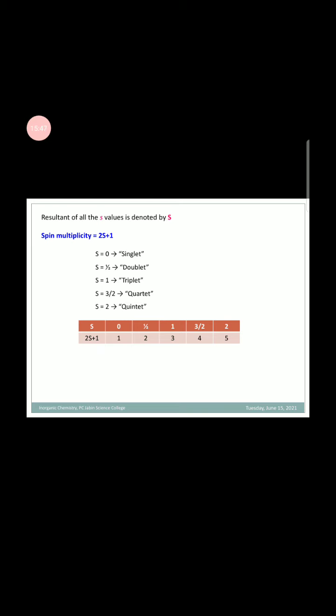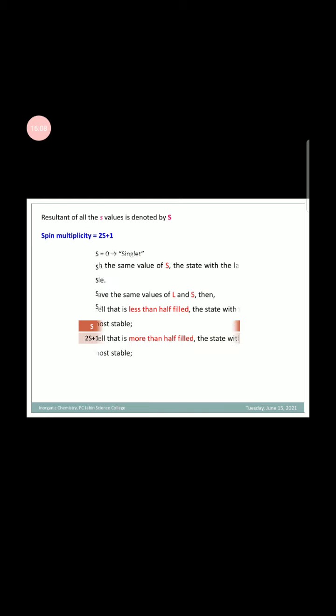S equal to 3 by 2, it is quartet. S equal to 2, it is quintet. For S equal to 0, 2S plus 1 is 1. S equal to 1 by 2, 2S plus 1 is 2. S equal to 1, 2S plus 1 is 3. S equal to 3 by 2, 2S plus 1 is 4. S equal to 2, 2S plus 1 is 5.